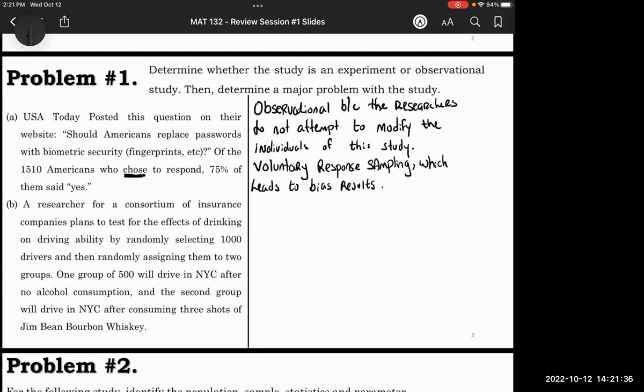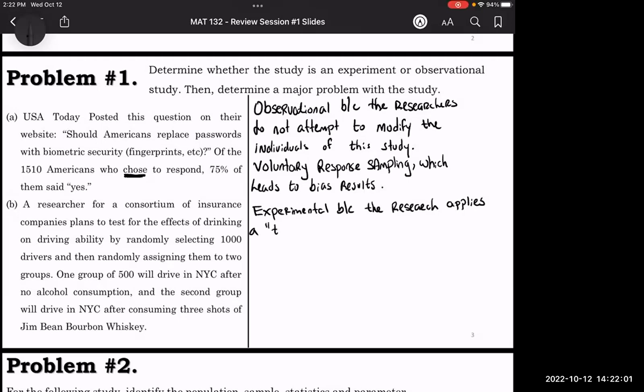So let's write that out. So for part B, it's definitely experimental. And just going by the definition of an experimental study, we can say that it's because the researcher applies a treatment.